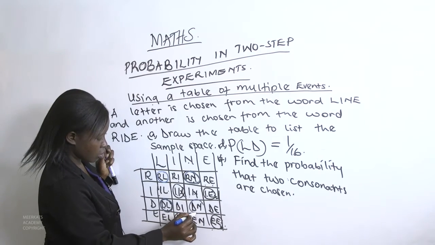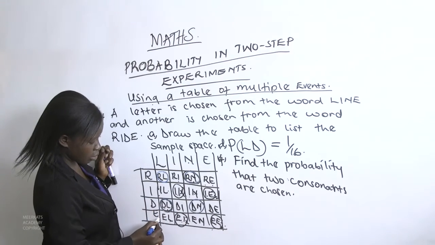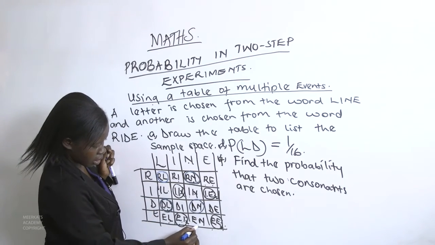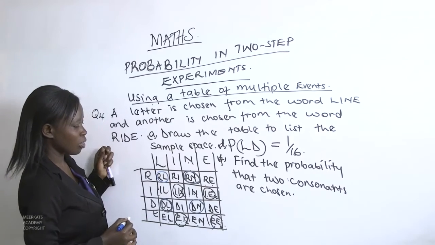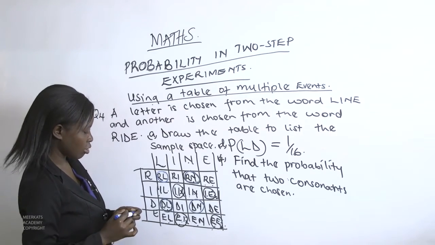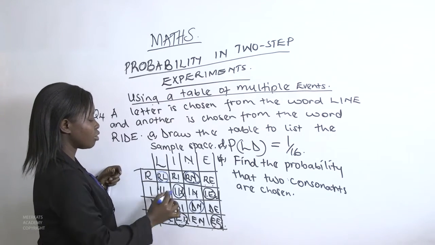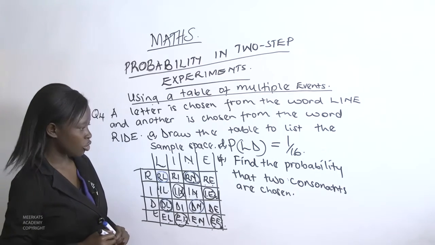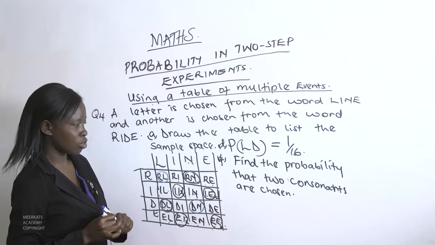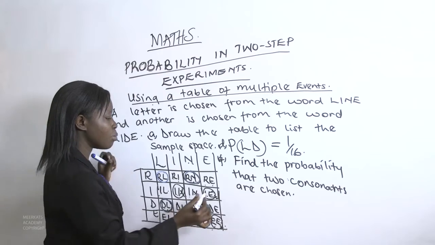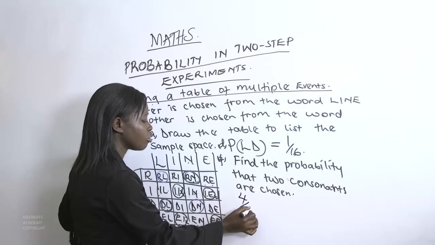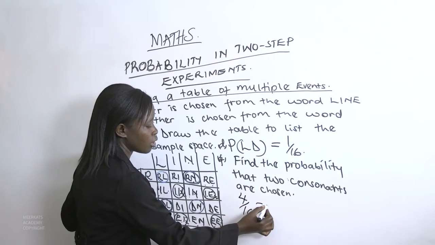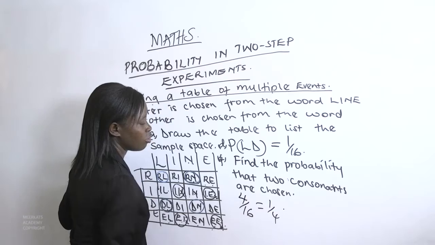This one is also 2 consonants, and those are the outcomes that have 2 consonants. So we also have 4 outcomes that have 2 consonants chosen. So the probability will simply be 4 out of 16, which gives us 1/4.